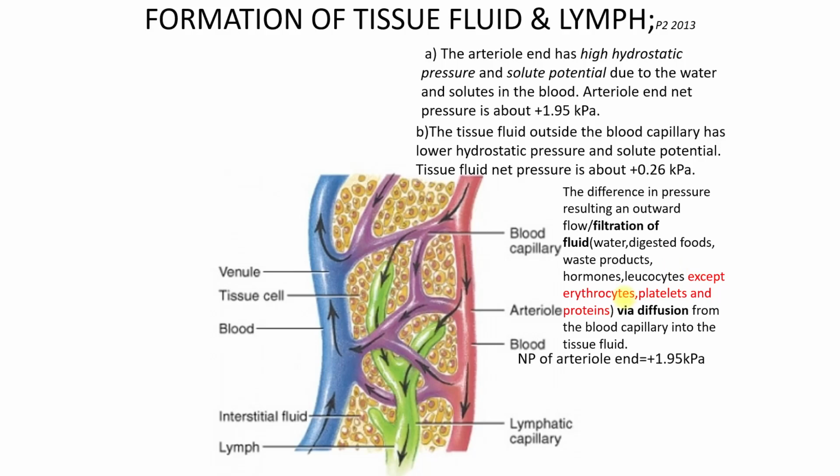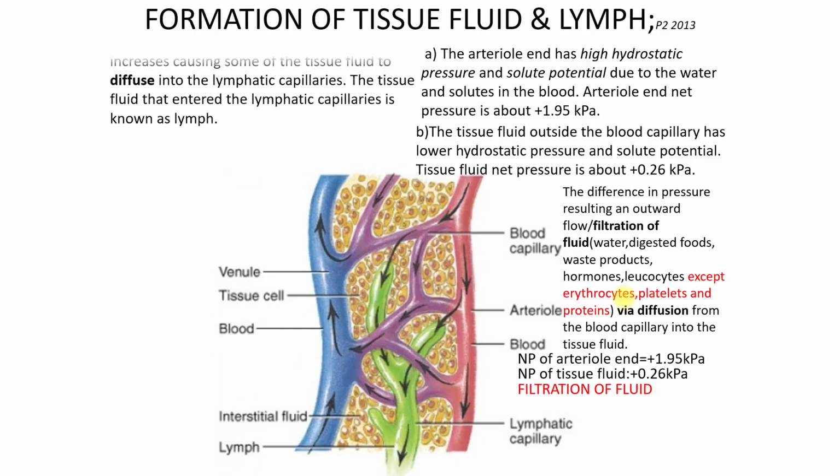So to recap, the net pressure of the arterial end is positive 1.95 kilopascal, while the net pressure of the tissue fluid is positive 0.26 kilopascal. So there is a filtration of fluid, and the filtration of fluid is by diffusion.